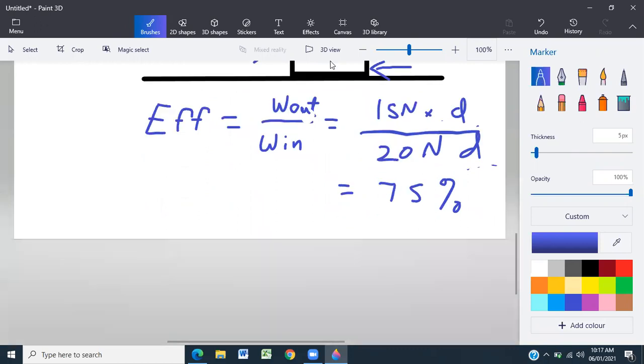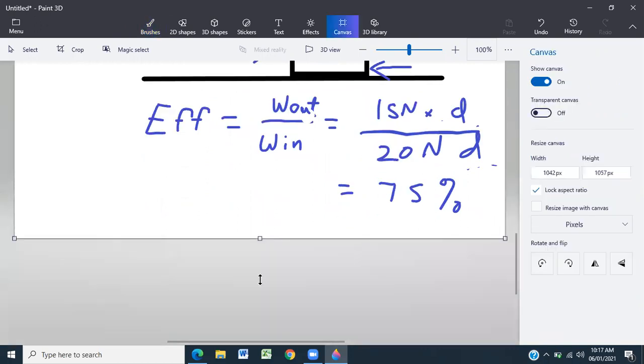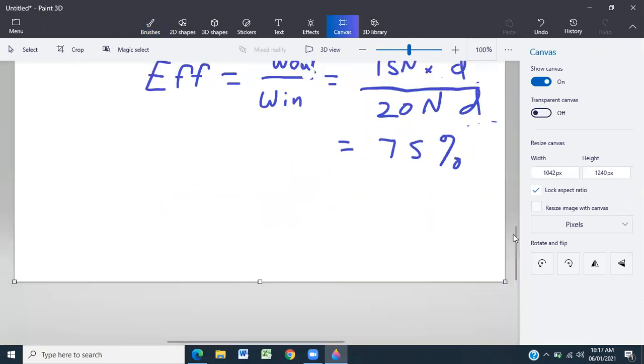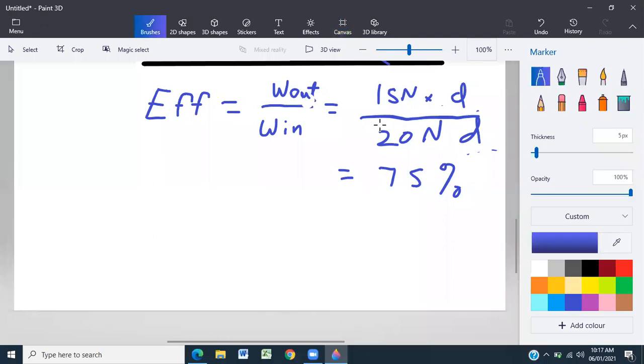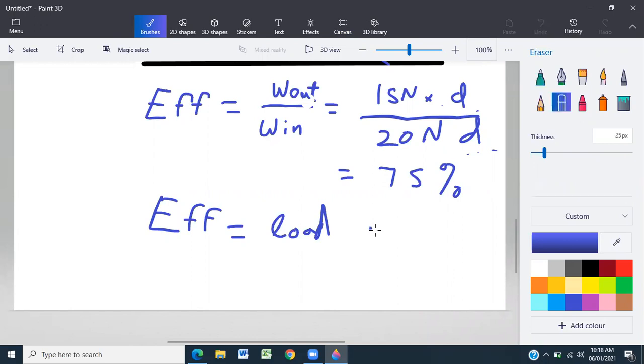Okay, now how does this relate to the mechanical advantage and the velocity ratio? So let's say efficiency is the useful work done on the load, the work out, however you want to label it, over the work in. The work done on the load is of course the load times the distance it travels by the load, let's just call that D1.